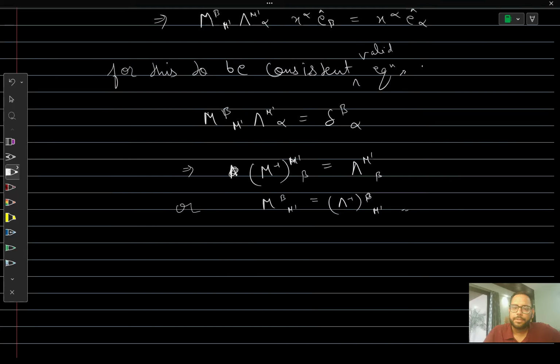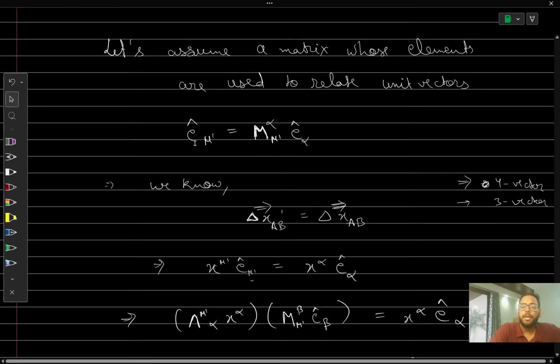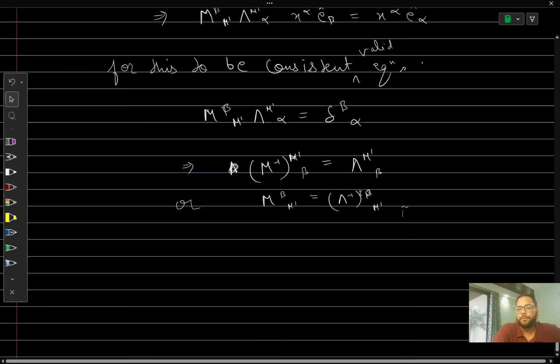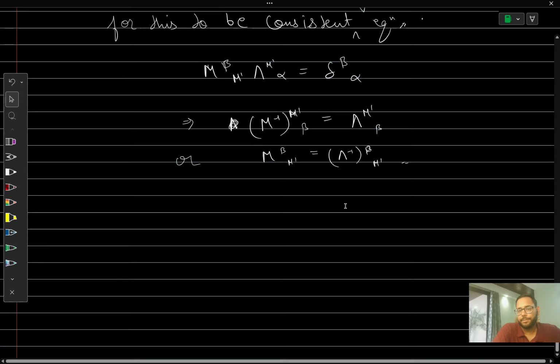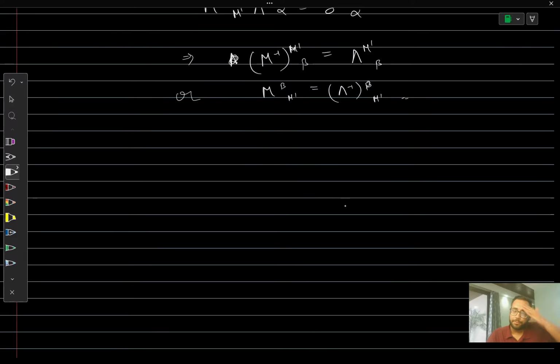Okay, so you just see that the transformation matrix for the basis is the inverse of the Lorentz transformation matrix. So what did you notice?